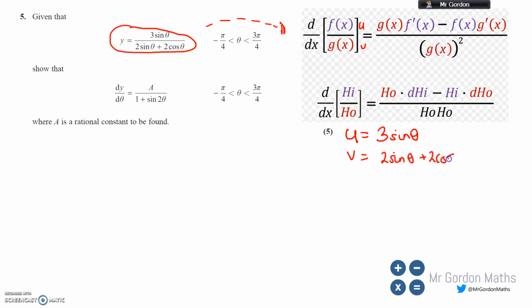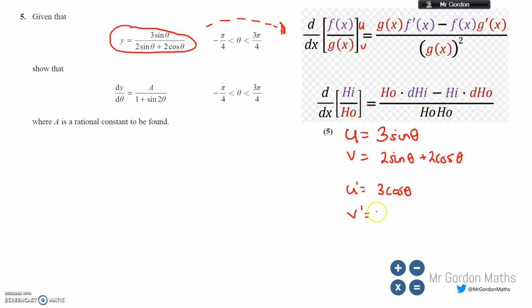Got to be so careful with these questions because it's so easy to make a mistake. Right, other parts of the formula, we need to differentiate our u. So if we do u prime, the differential of u, what does sine differentiate to? Well, that differentiates to cos. You need to know that off by heart by now if you're doing exam question practice.